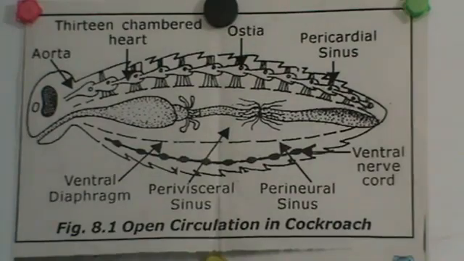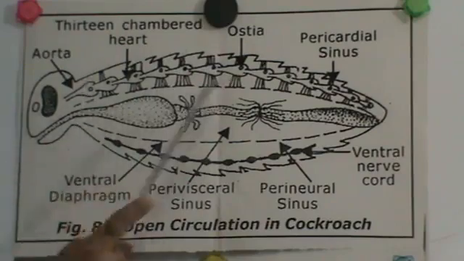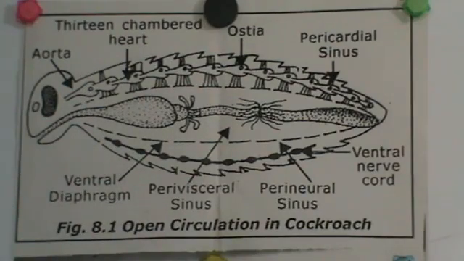It is pulsatile, tubular, as you can see it is in the form of tubes, and consists of 13 inverted funnel shaped chambers with openings called ostia. Each chamber has an opening which is called ostia. It extends from the thorax to the last abdomen.